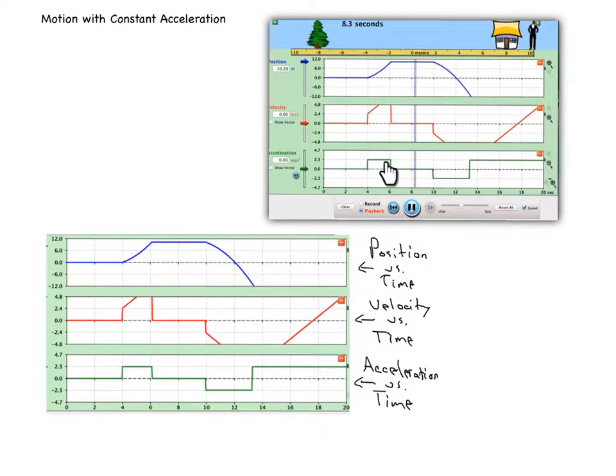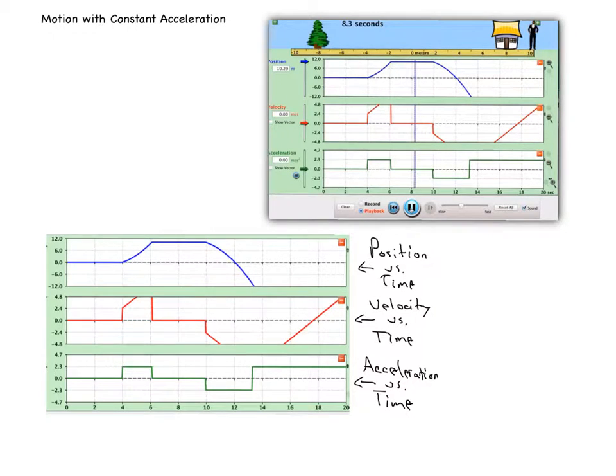he had a positive acceleration, which meant his velocity was increasing in the positive direction. And we can see this increase in velocity here as his velocity went from 0 to 2.4 and then continued to increase. Okay? So right now, Moving Man is at the edge of the screen, and you can see that he is now standing still.